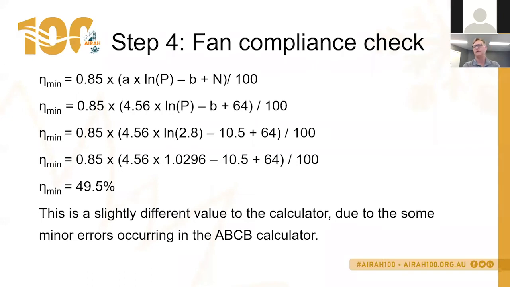Now, as we noted, using the calculator gave us 51.4. So there is a slight error occurring in the ABCB calculator, which they are aware of, and there should be a new version of the calculator coming out quite soon, which will have this error corrected.